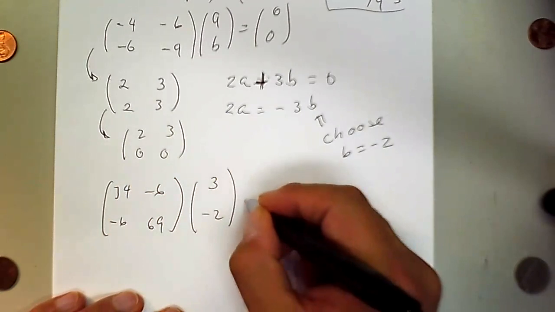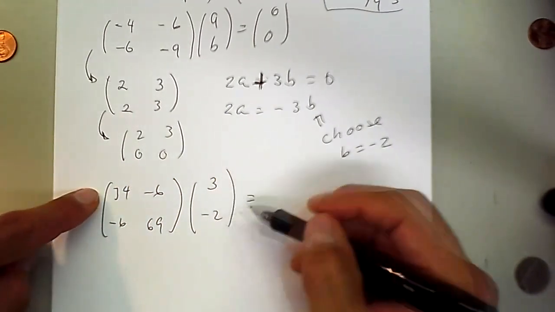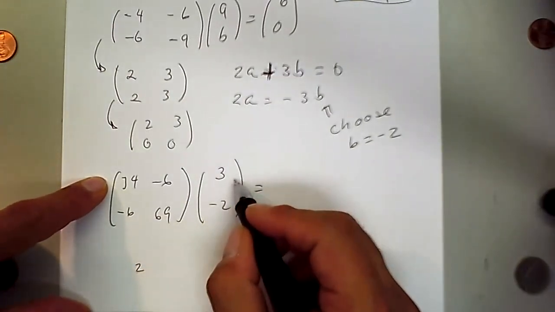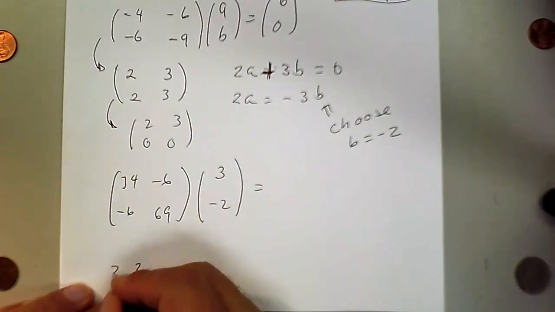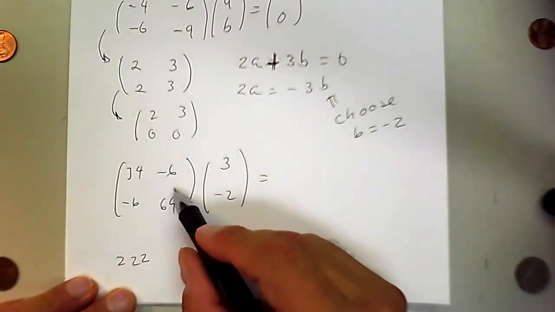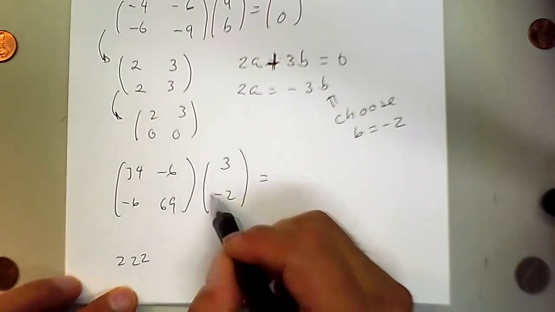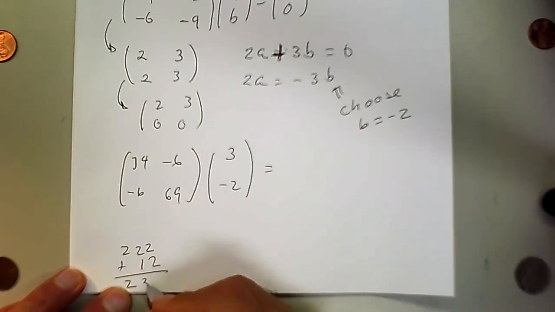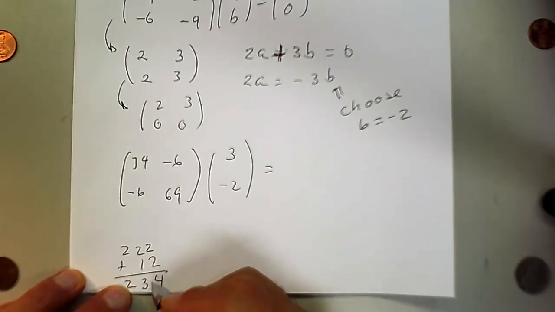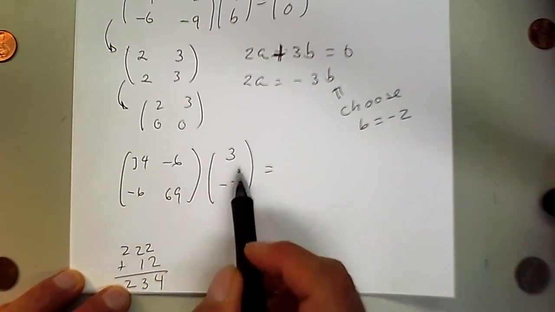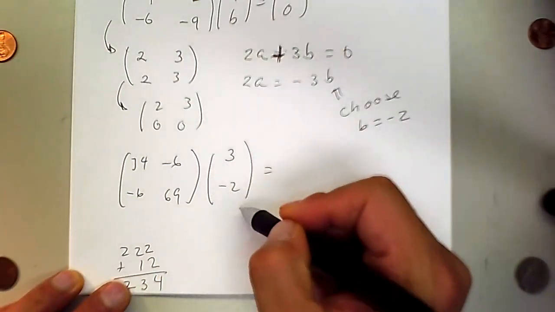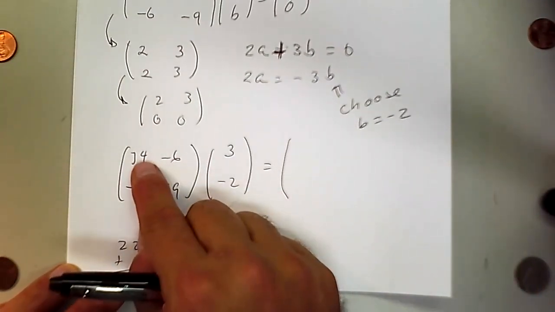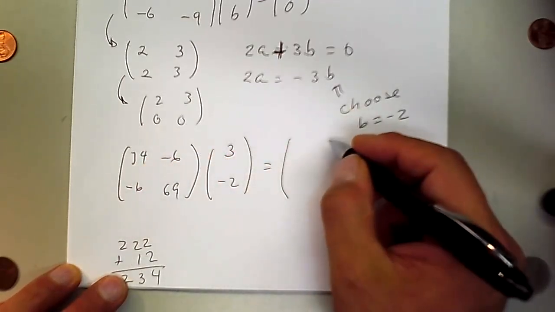Negative 6, 69. So if we multiply 74 times 3, 4 times 3 is 12, of course, carry 1. 7 times 3 is 21, so we got 22. And then we're going to add 12 plus 12, that is going to be 234. And that better be 74 times 3, because this is the eigenvector corresponding to 74.